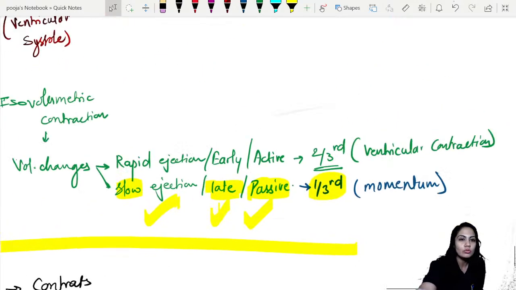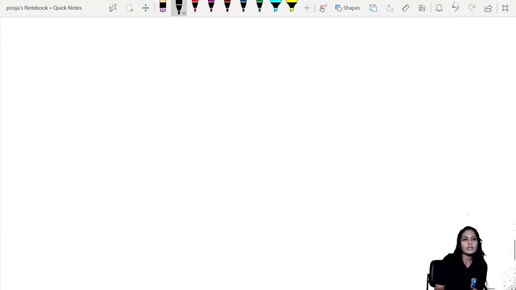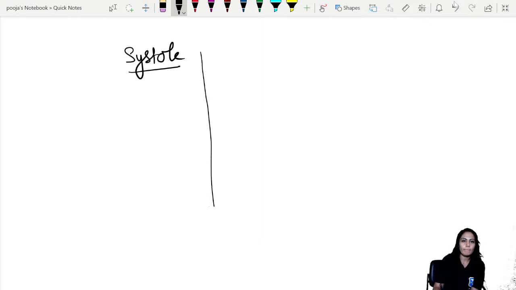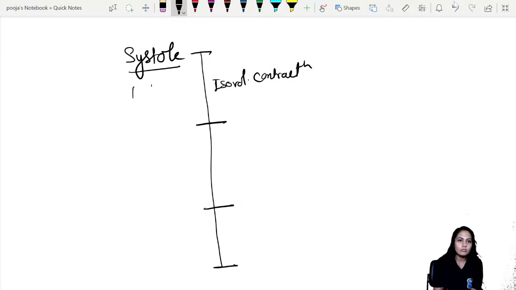Let's complete it. So what are the three phases of systole? If I have to write the three phases of systole, I'll write like this. Suppose there is a line, you have to divide it into three. First of all, you'll say isovolumetric contraction, right? This is nothing but early systole, then mid systole, and late systole.